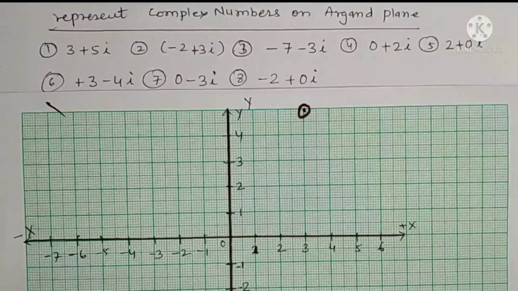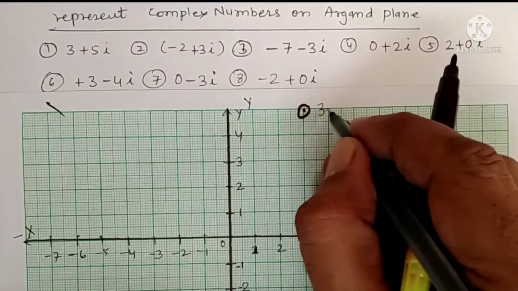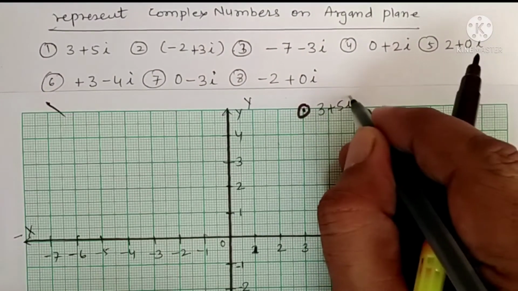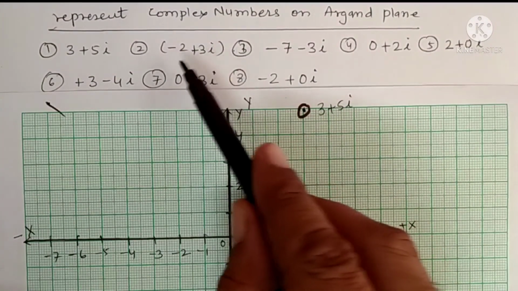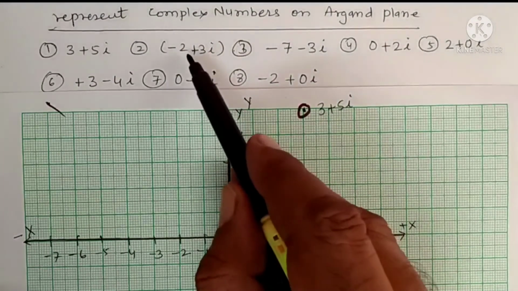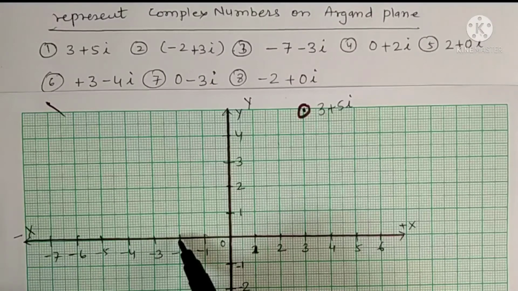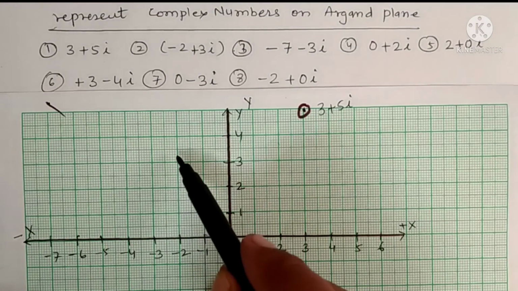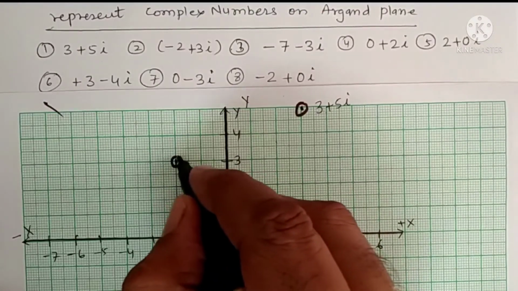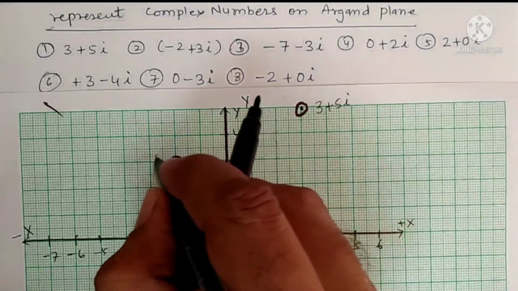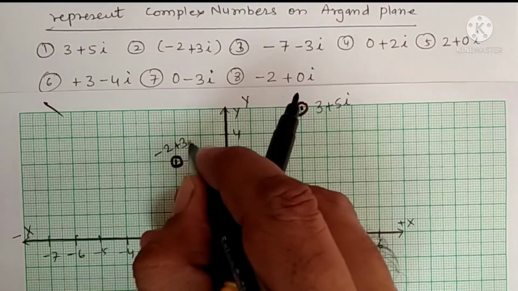This point is 3 + 5i. All of you understand? Next is −2 + 3i. Minus 2 on the x-axis, minus 2 is here, and y is 3: 1, 2, 3. So this point here is −2 + 3i.